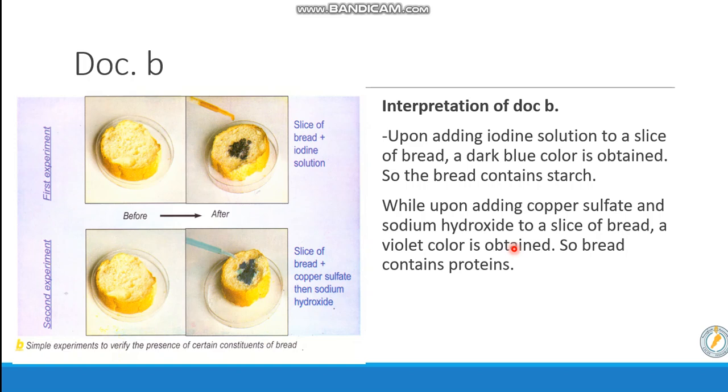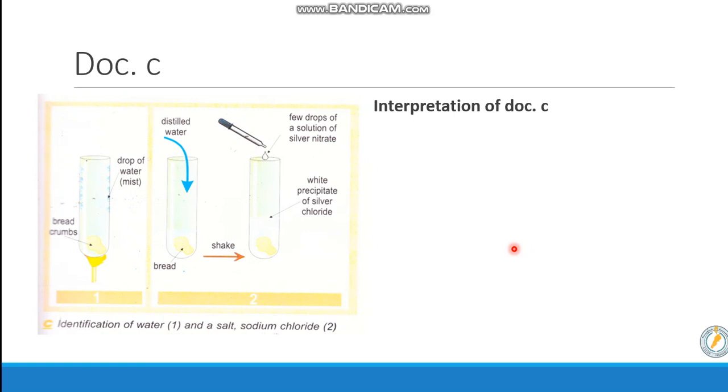Now we're going to move to the third document, document C, on page 17 in the next page. In document C, other experiments are made. In experiment 1, they put some breadcrumbs in a tube and they heat it.